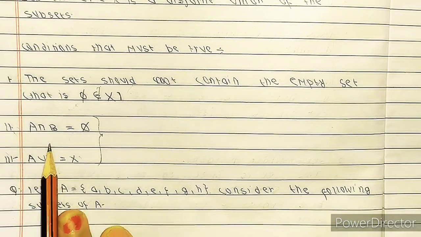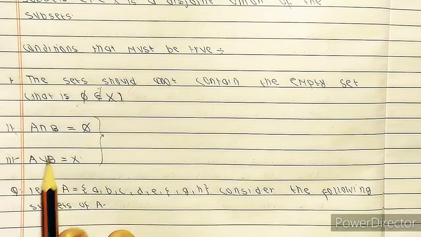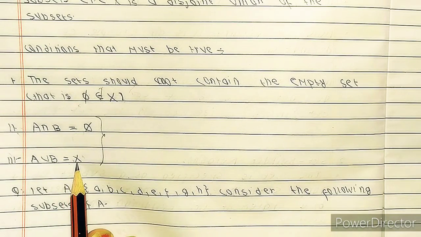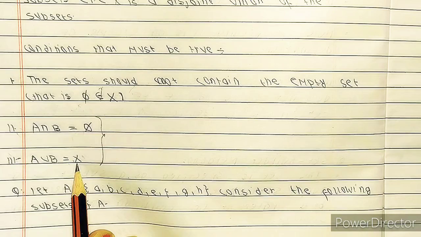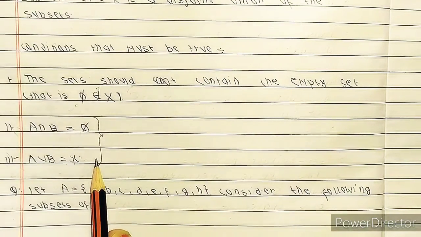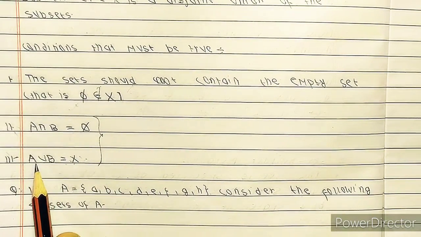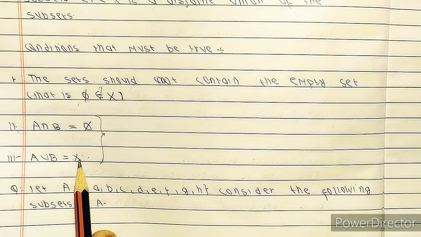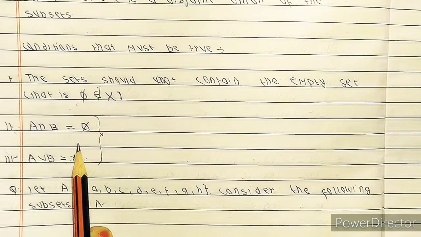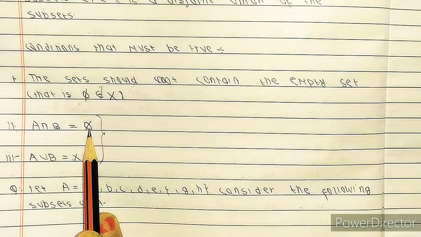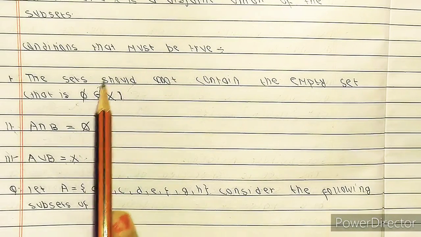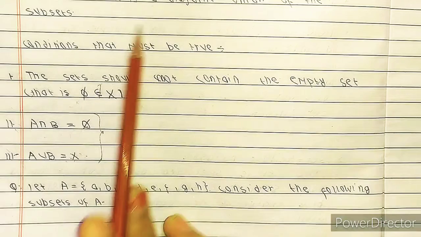Number one condition is A union B should be X. That means A and B should be subsets of X. And another condition is A intersection B should be phi, meaning there will be no common elements. That means this is a disjoint union of subsets as I have stated earlier in the definition.